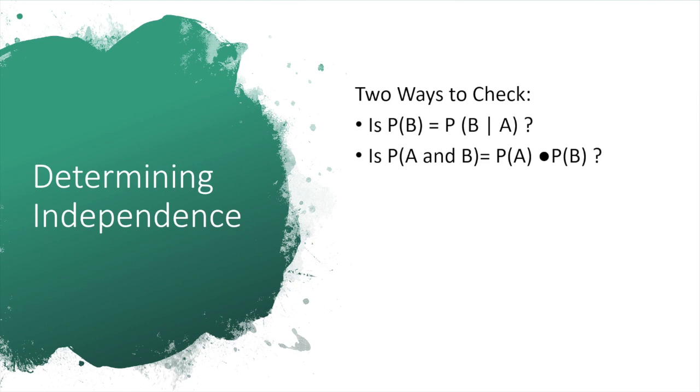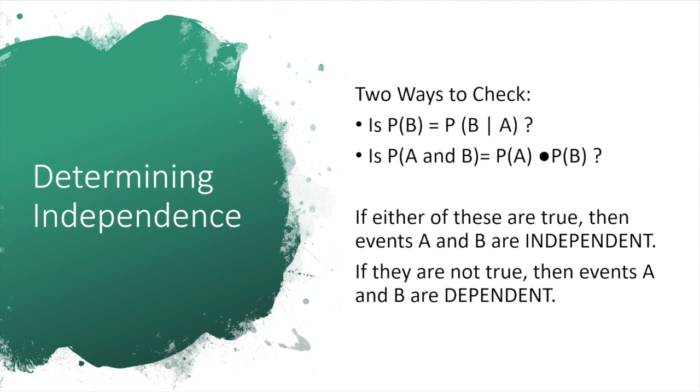If the probability of A times the probability of B does not equal the probability of A and B, then they would be dependent. So when you do these problems, you are going to calculate these different probabilities and then compare them to each other to determine if an event is independent or dependent.